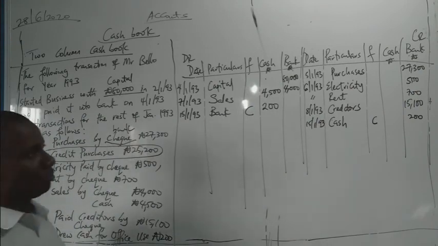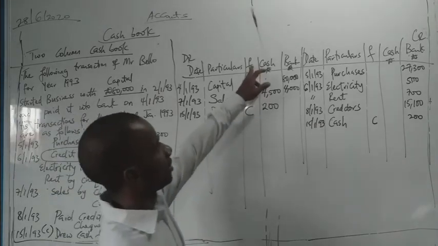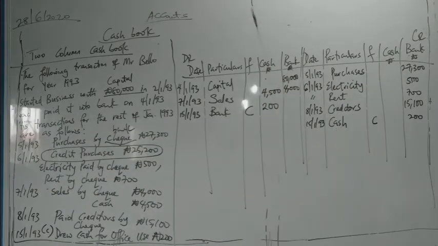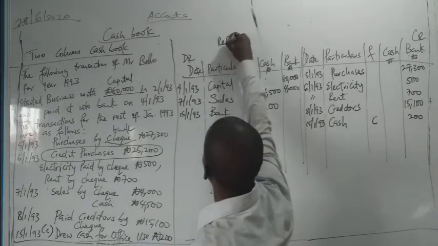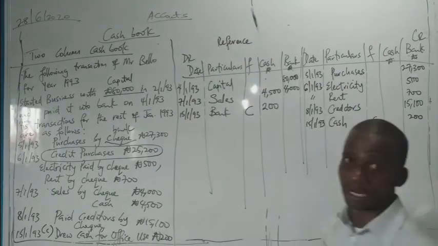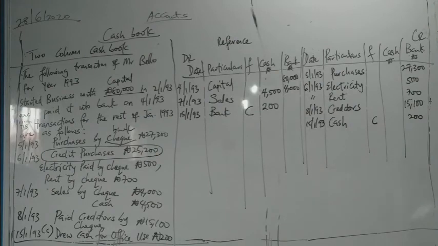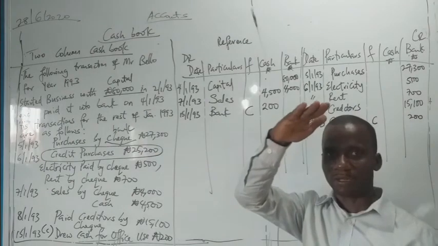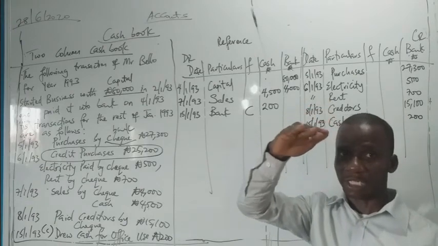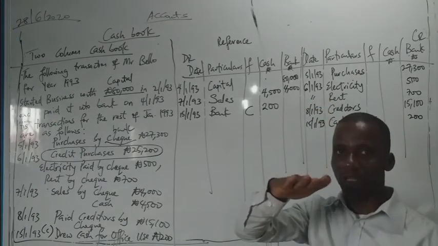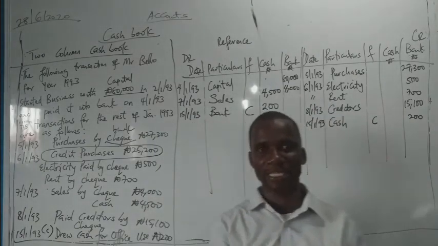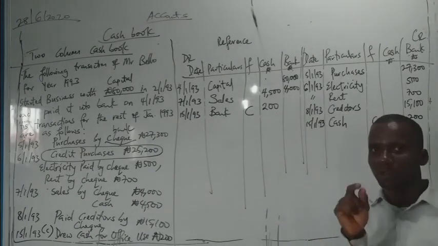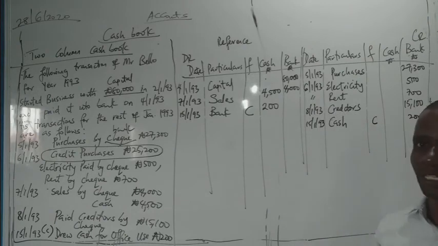I will now come. Please, this folio column is known as a reference column. Please take note. Reference column. What do I mean? A ledger is usually a big book. When the ledger was introduced, the whole idea of a ledger was a big book that contains different pages. Those different pages are known as what?